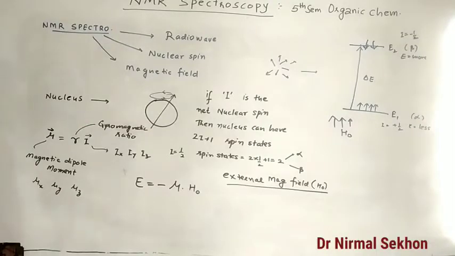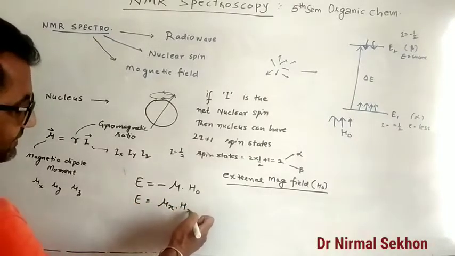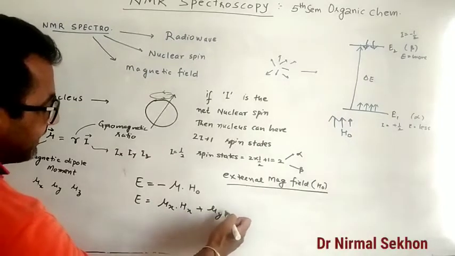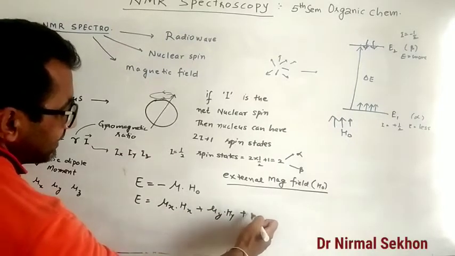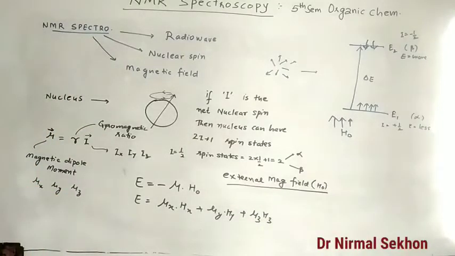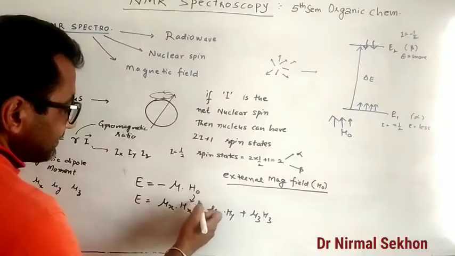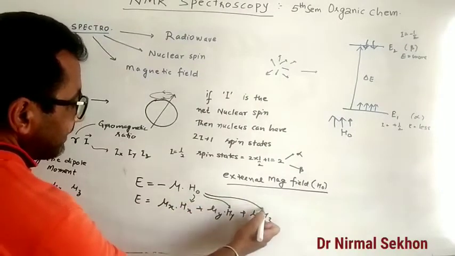So along the various axes, we can write it as E equals minus mu x Hx plus mu y Hy plus mu z Hz. Dot product means we can write it like this. Here H naught is the external magnetic field, which also splits into three components, Hx, Hy, Hz.